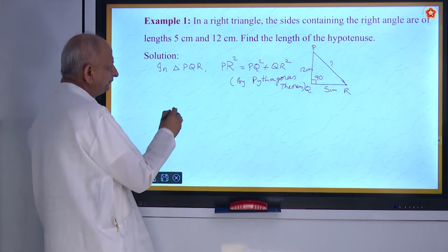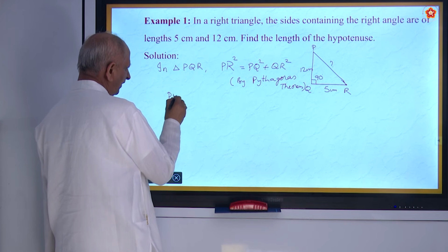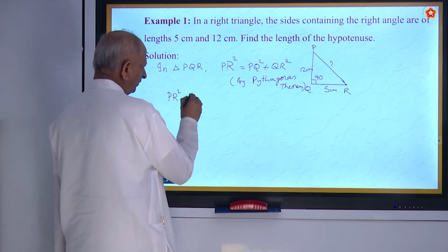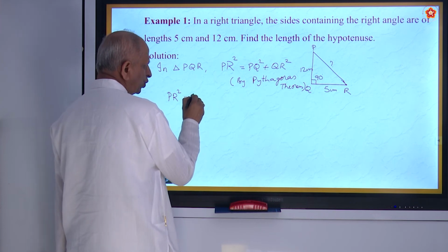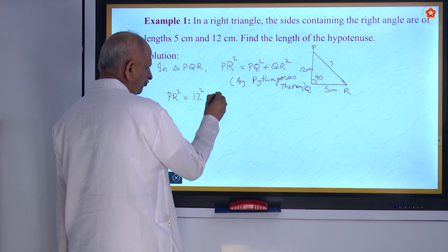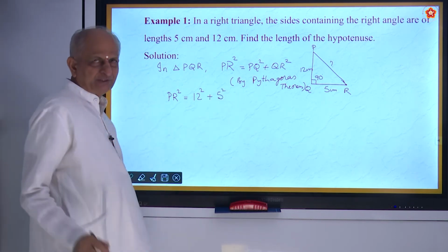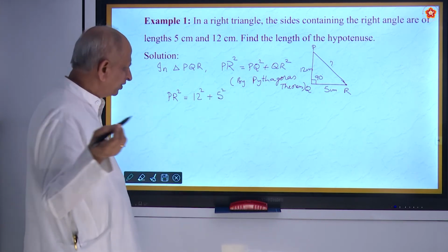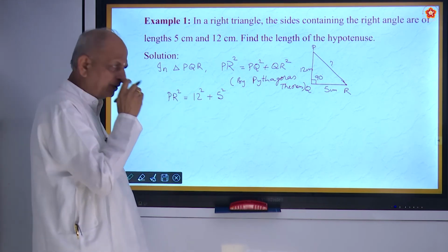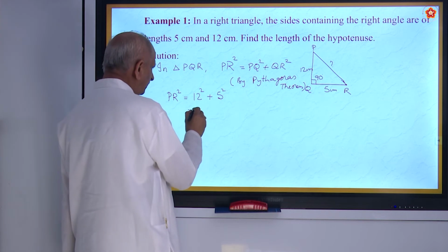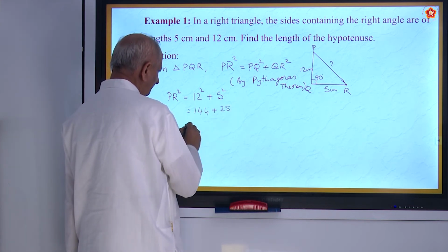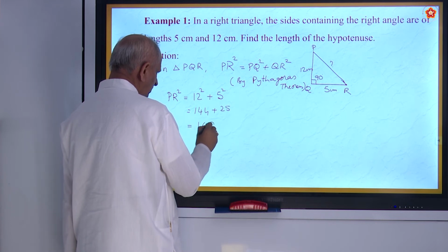So here you are asked to find the hypotenuse, and the sides are given: PQ is 12, QR is 5. Name you can give anything, there is nothing wrong. Even you can call it ABC also, small a, small b, small c. So 12 square is 144, 5 square is 25, that is 169.